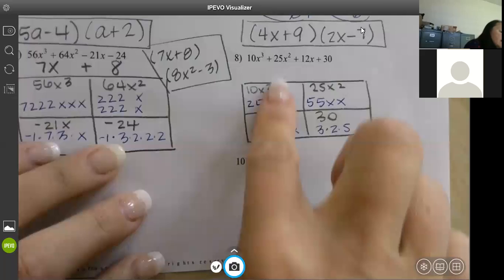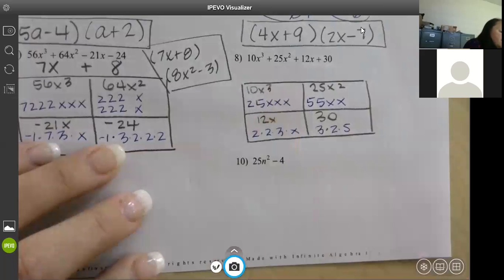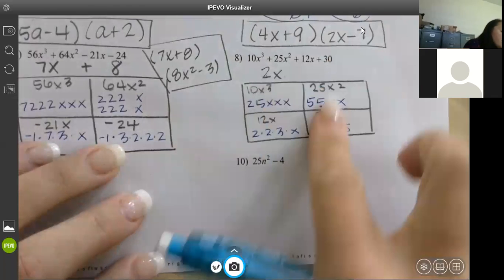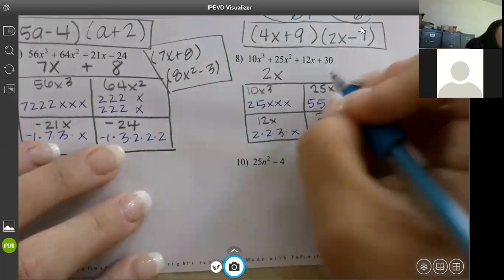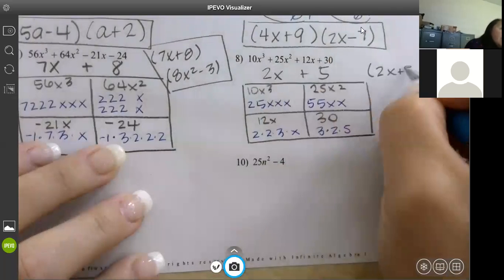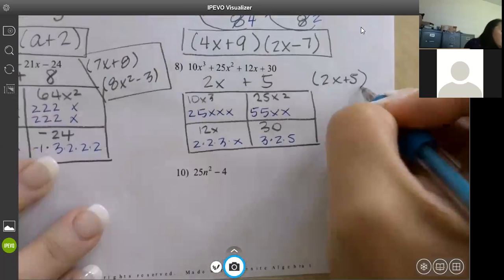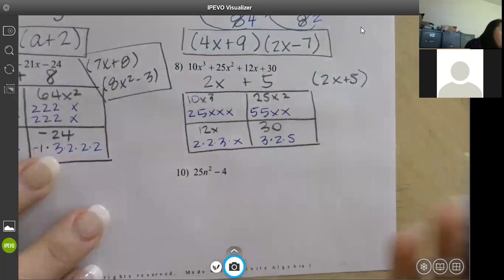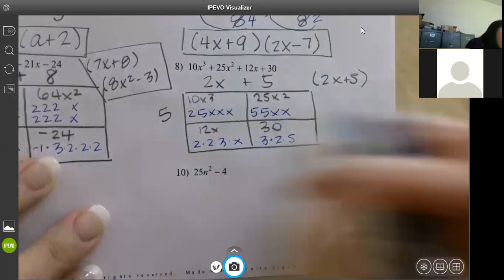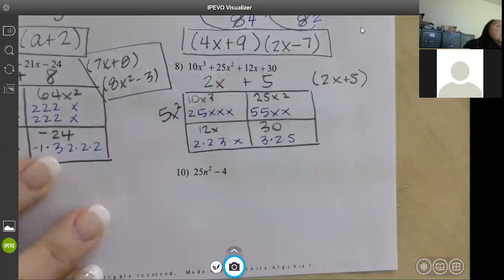Top to bottom, what's in common? 2 and x. Top to bottom on this one? 5. And it's going to be a positive, so your first parenthesis is 2x plus 5. Across the side? How many x's? 2 x's, so 5x squared. And then across the bottom?